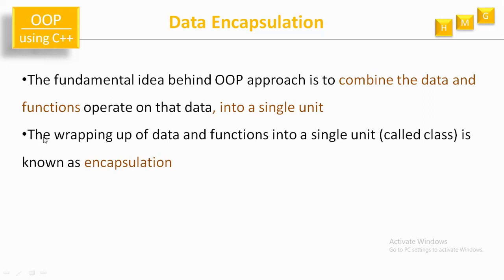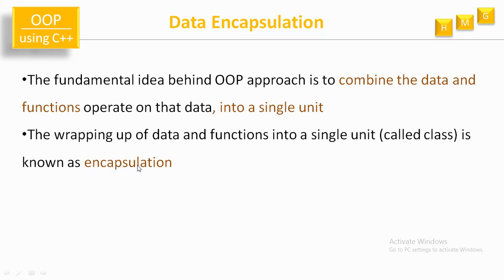So the wrapping up of data and functions into a single unit is known as encapsulation. The process of wrapping up data and functions together in a single unit is known as encapsulation. Here the main word is capsule.